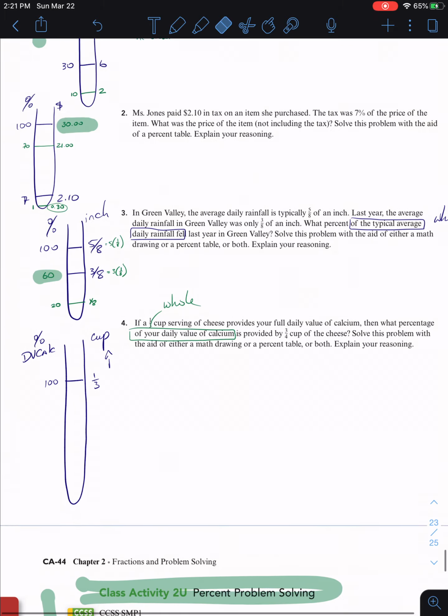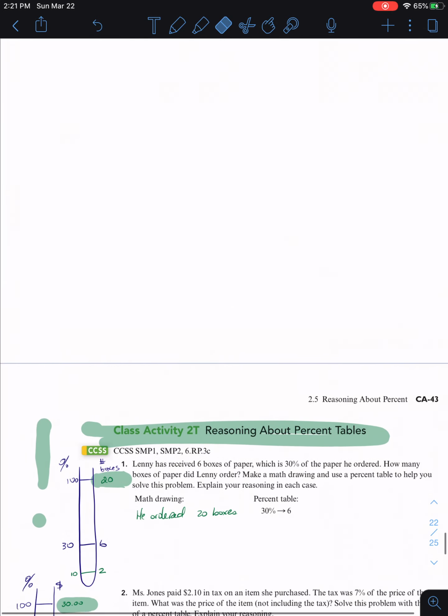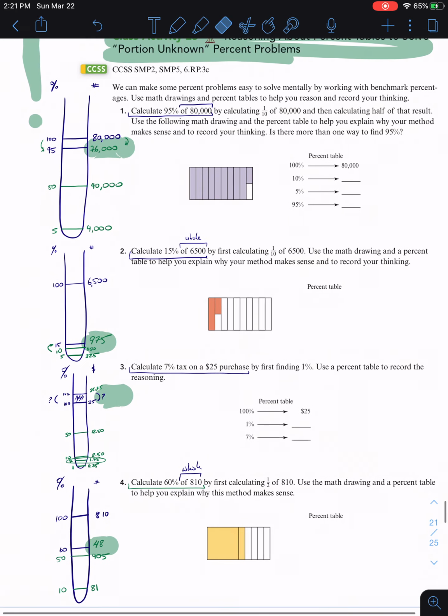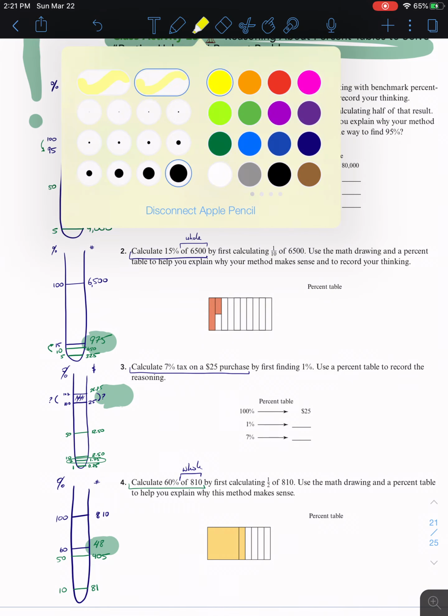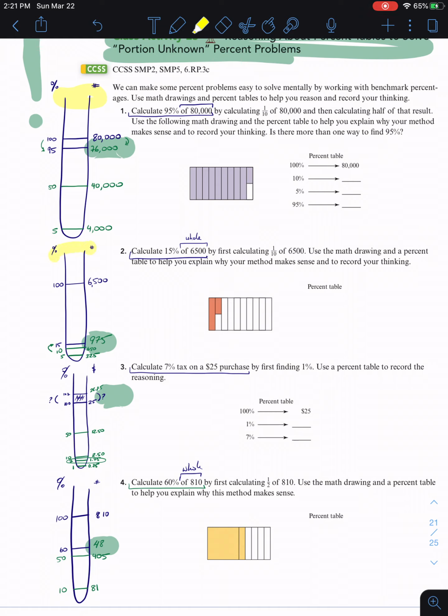Now notice that for all of these diagrams, all the way from the very beginning, I've never closed my percent thermometer off. So look here. It's left open, left open.